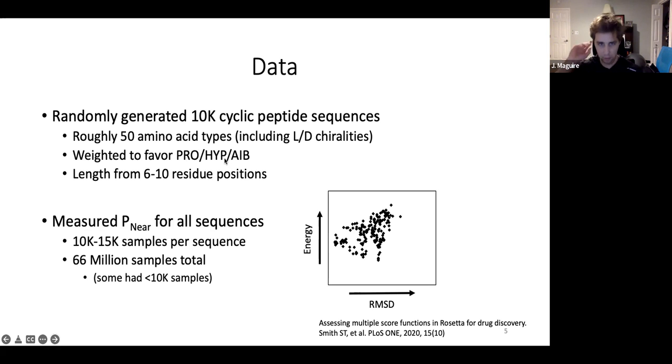For those who aren't as familiar with non-canonical amino acids, proline, of course, really favors P near by its rigidity. It implicitly disfavors alternate conformations. Hydroxyproline is just like proline, but more soluble. I forget what AIB stands for, but it's basically glycine, but if you take both of the hydrogens on the C alpha and replace them with methyls.